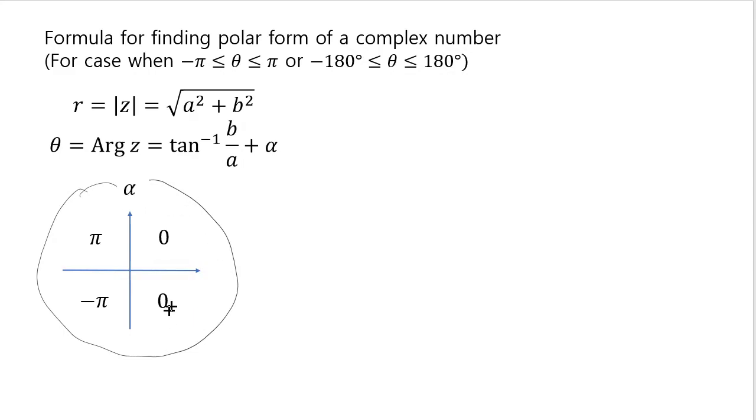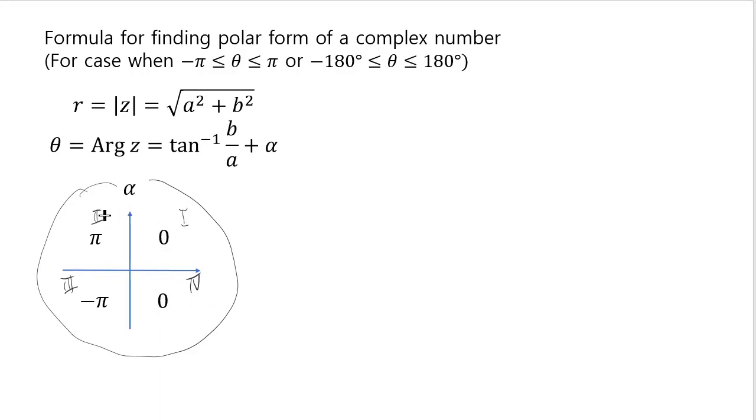The reason we have the picture is because the tangent inverse gives you a number between negative 90 degrees and positive 90 degrees. And therefore, when it's on the right side, meaning when it's in the first quadrant or the fourth quadrant, first, second, third, and fourth, and when it's in the first or fourth quadrant, you don't do anything.